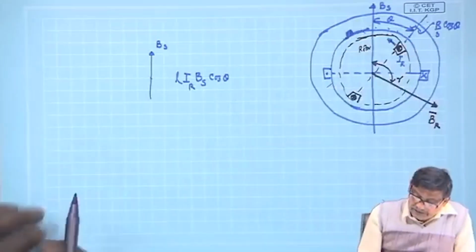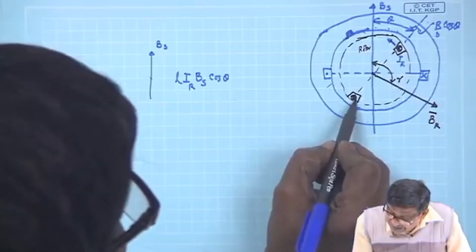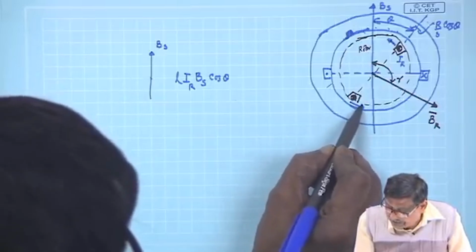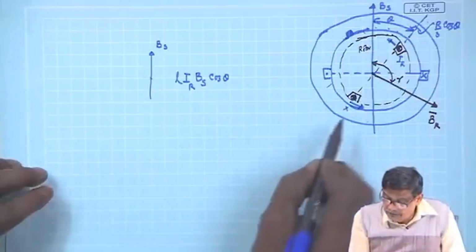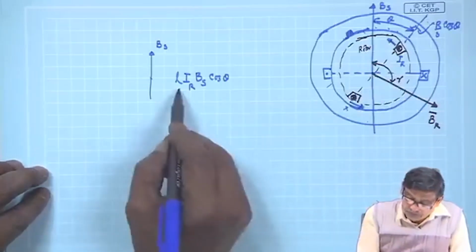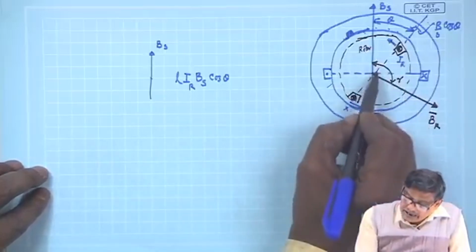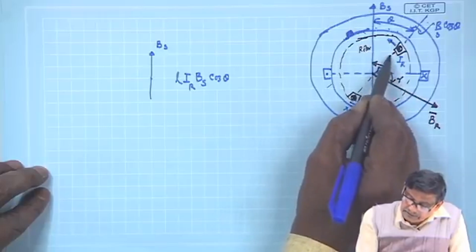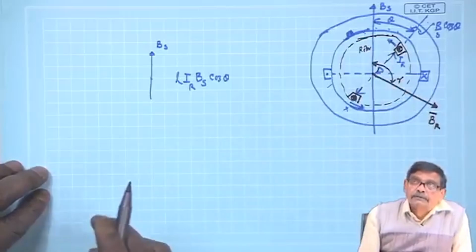Similarly, this one is placed in the same way, and it will also experience a force in this direction. You can apply the left hand rule for this current, and the magnitude of the force will be the same. So, here are two forces, and the distance between them is the diameter of the rotor.